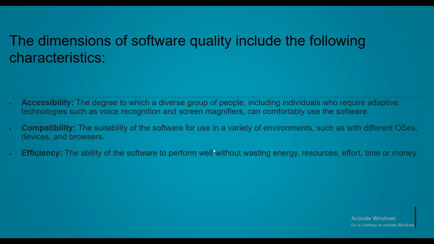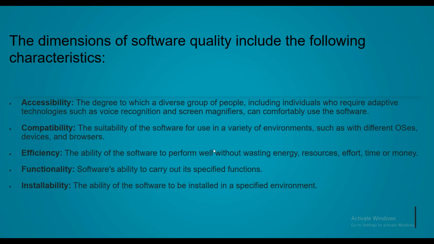The third one is efficiency. Efficiency is the ability of the software to perform well without wasting energy, resources, effort, time, or money. The fourth one is functionality, the software's ability to carry out its specified functions. And the fifth characteristic is installability, the ability of the software to be installed in a specified environment.